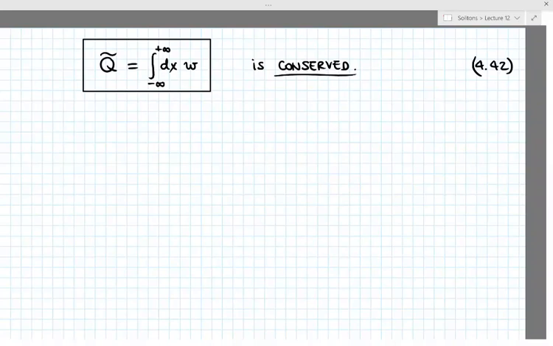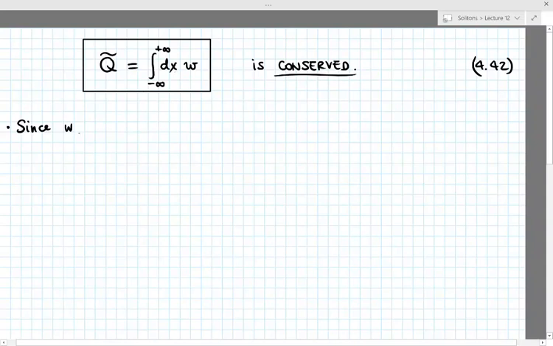But now notice that since W, which is integrated, was a formal power series in epsilon, then so is the conserved charge Qtilde.